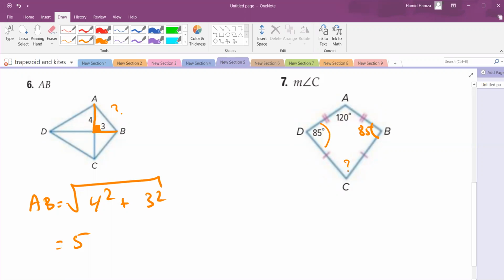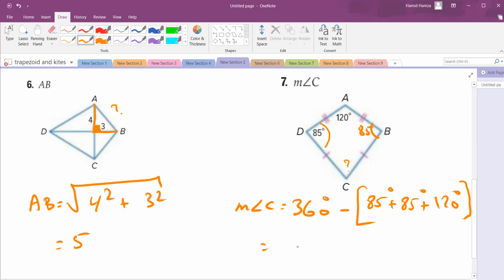Now we wanted to find angle C. It's very easy. I know that the sum of the interior angles of any quadrilateral is 360. So the measure of angle C equals 360 degrees minus the sum of the given angles, 85 plus 85 plus 120 degrees.